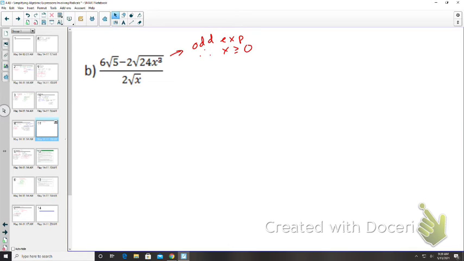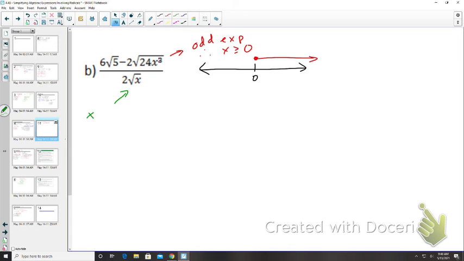So again, let's write this on a number line just to help us visualize the restrictions on this function. For our numerator, x must be greater than or equal to 0. So we have a closed dot on 0 because 0 is included in that. And for the denominator, 2 root x, it also has an odd exponent.